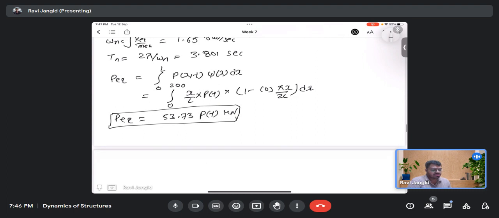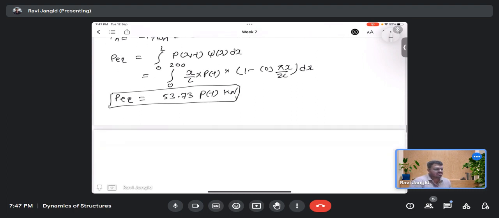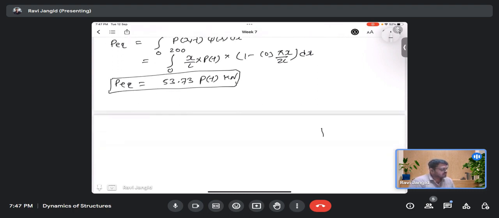So the response due to this we need to calculate. The response like this is applied, and this is given up to 0.25. And this is as a PT as 60.